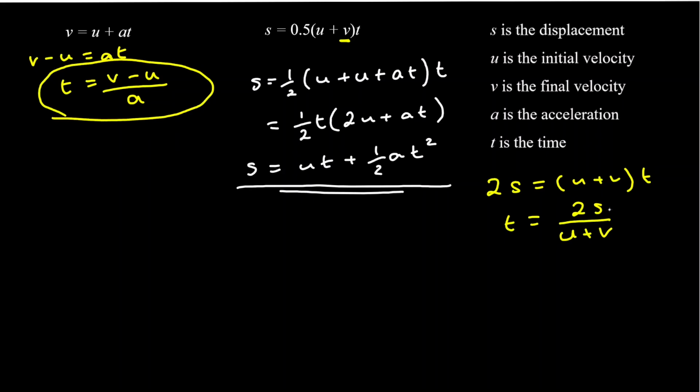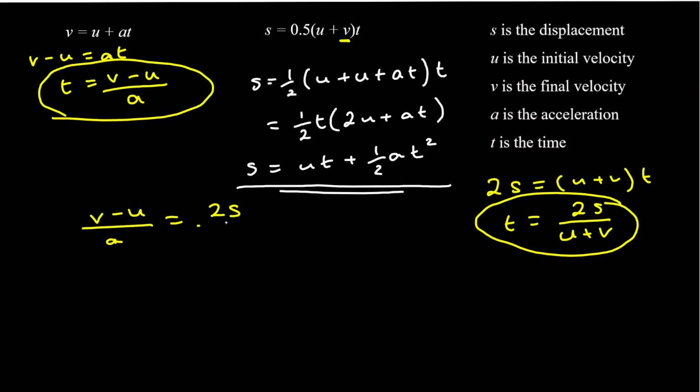So now I've got t equals in both of them, so I can write them equal to each other. (v minus u) over a equals 2s over (u plus v). Get rid of the fractions by multiplying both sides by (u plus v) and a. So I've got (v minus u) times, I'm going to write it the other way around, (v plus u), is equal to 2s times a, 2as, just writing the letters alphabetically.